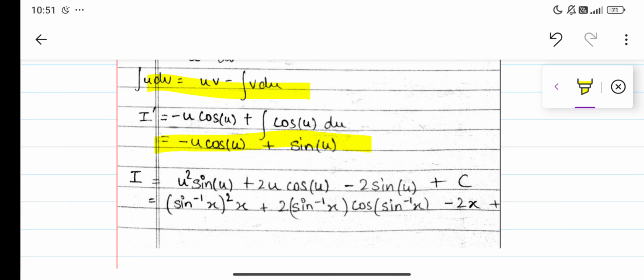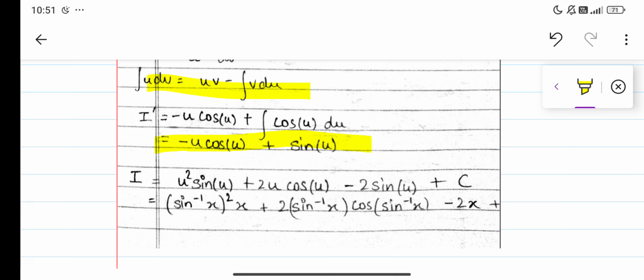Since my original integration was with respect to x, and u was my dummy variable, I need to write my final answer in terms of x. We have substituted u is equal to sine inverse x, so instead of u I'm going to reverse substitute u is equal to sine inverse x.